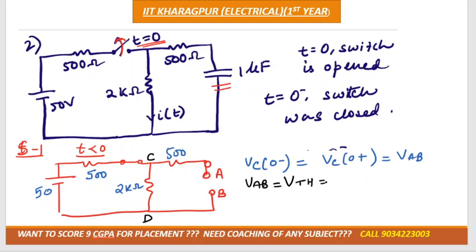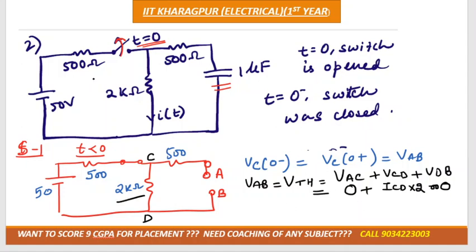It's similar to Thevenin: VAC plus VCD plus VDB. Correct. Now VAC is how much? This will be 0. VCD is how much? ICD into RCD. RCD is 2 kilo ohm, means 2000 ohm.